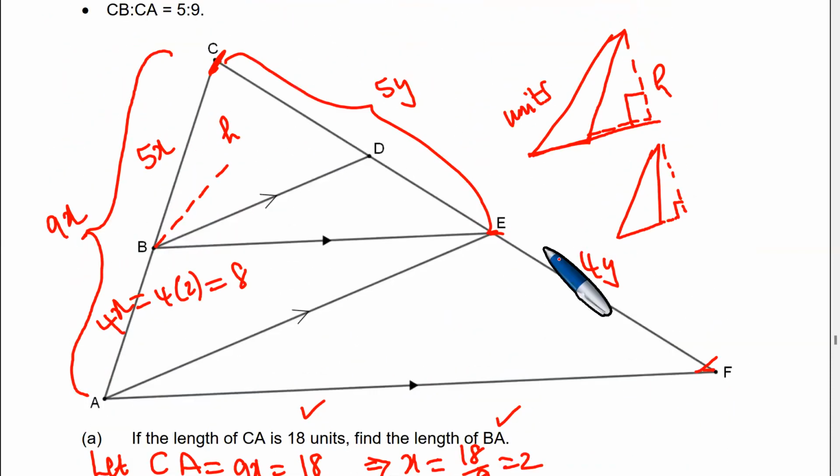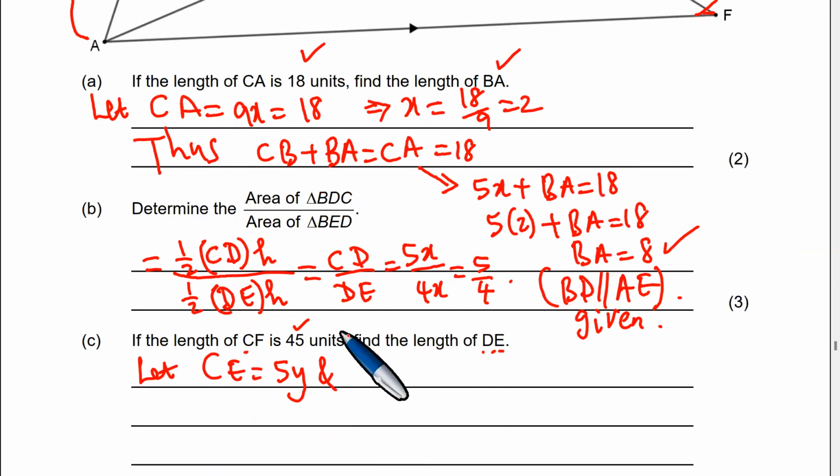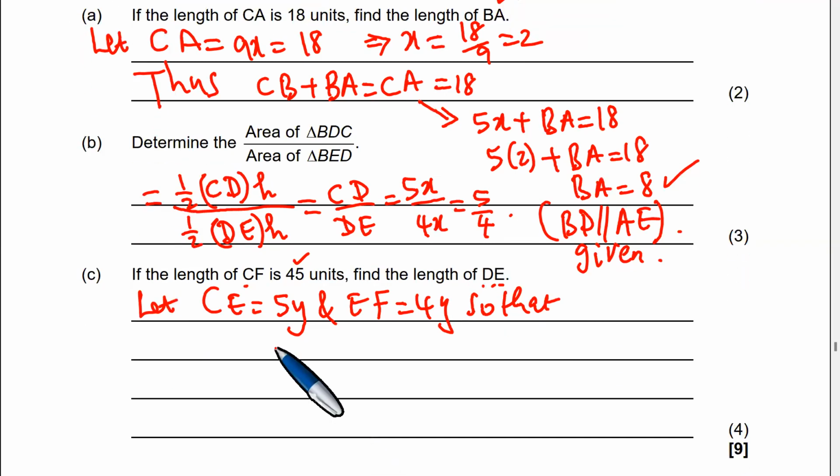And now this one, EF, is 4y. You add them up because the examiner gave us the whole of CF. So CF is equal to 5y plus 4y.